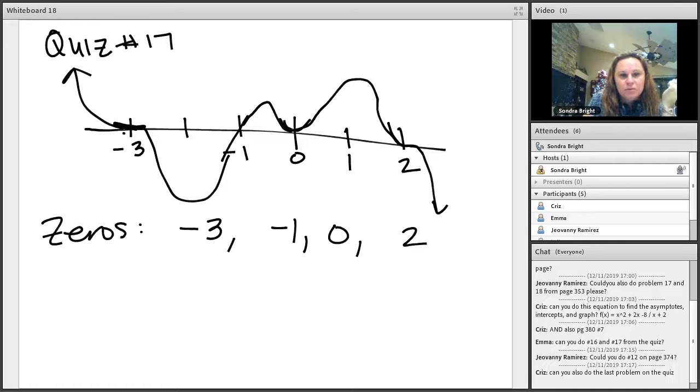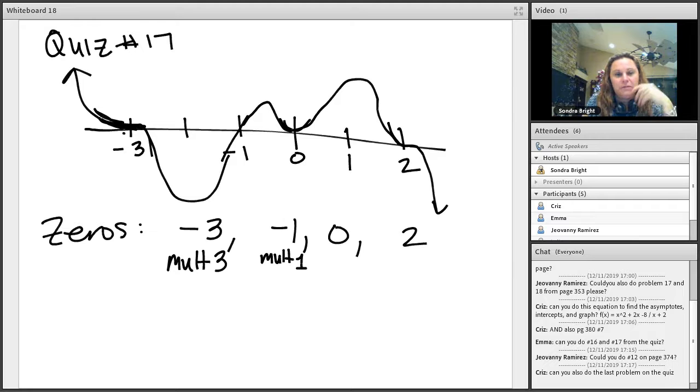And it's still crossing over, right? It's not just tangent. It's still crossing over, so it's an odd power, odd degree. But this one I'll say is a multiplicity of 3, because it says lowest degree. So you don't want to say multiplicity of 5. At −1, it's just crossing straight over, so I would say that has just a multiplicity of 1.